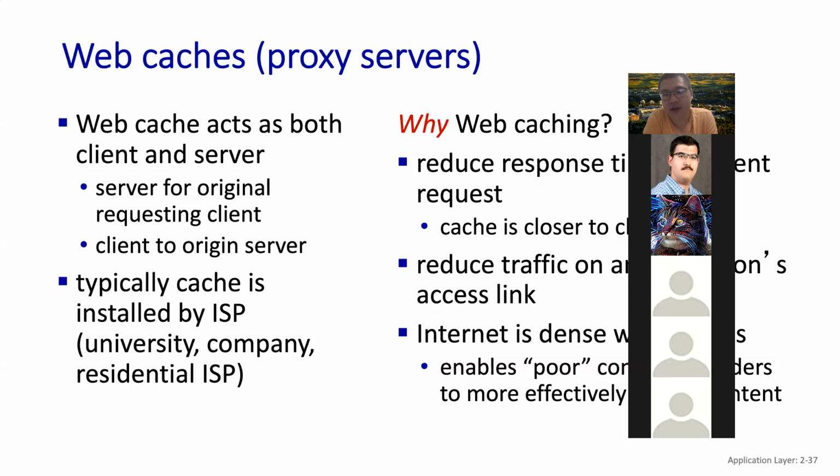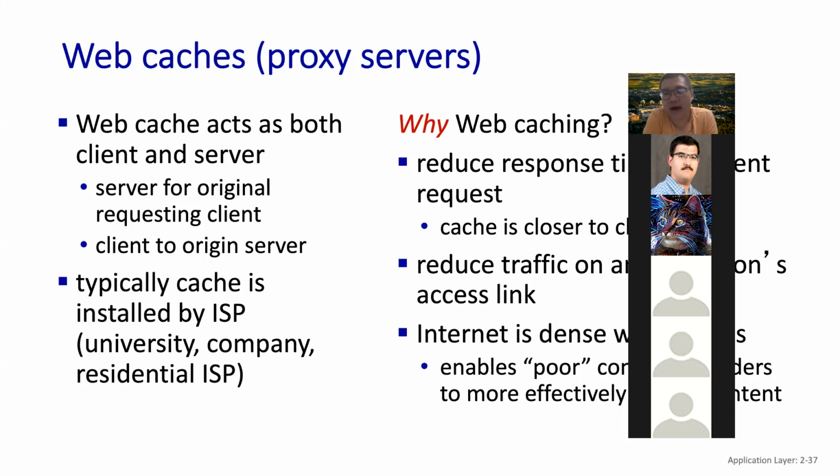If you establish a cache, that means, for example, every day people are accessing wsu.edu, right? That website, which is a local server. Or, for example, some larger server, like google.com.